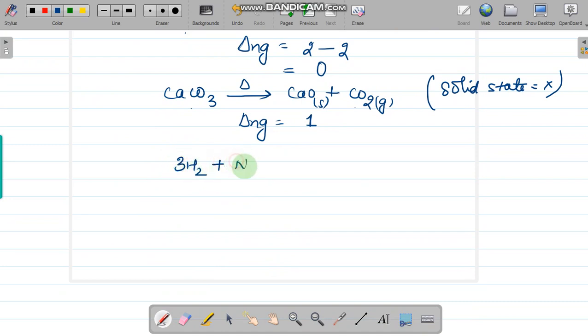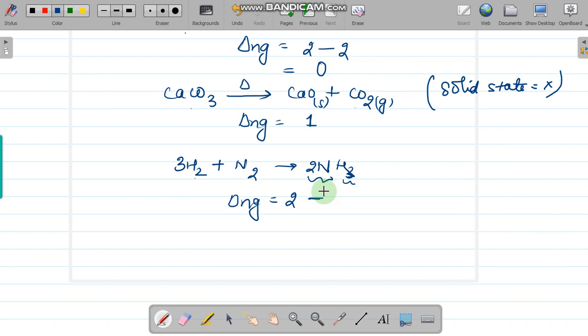Another example is nitrogen and hydrogen giving 2NH3. So delta Ng over here: we have 2 moles of ammonia minus the reactants, 1 nitrogen and 3 hydrogen.